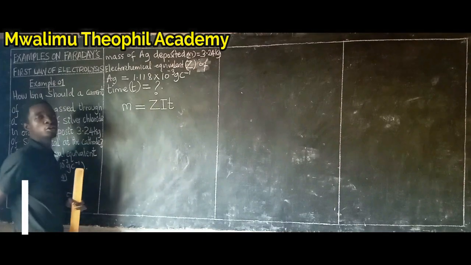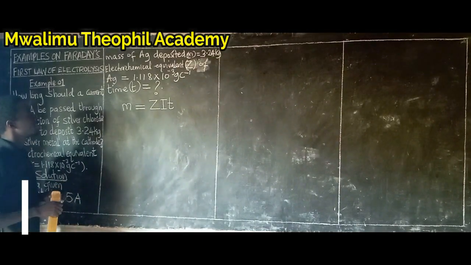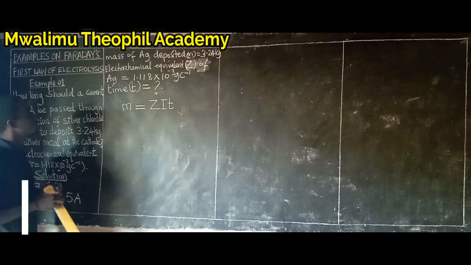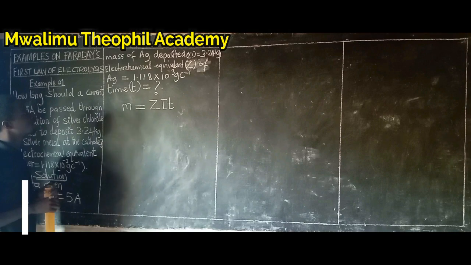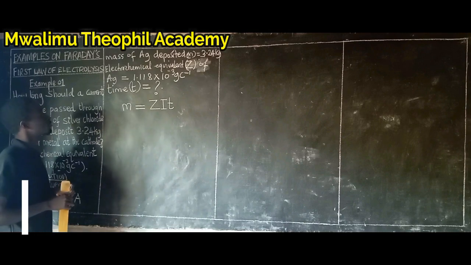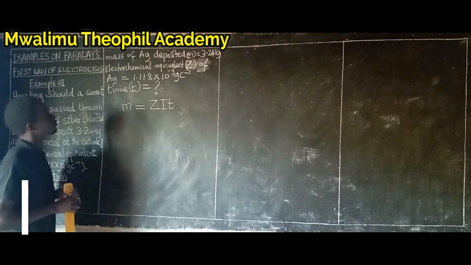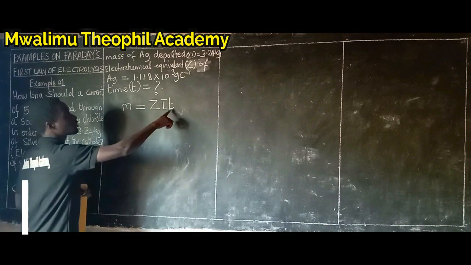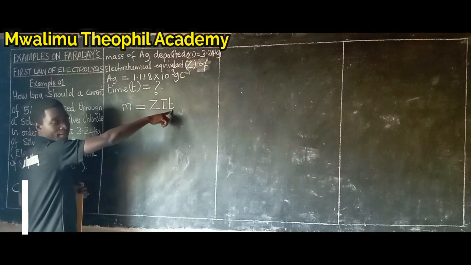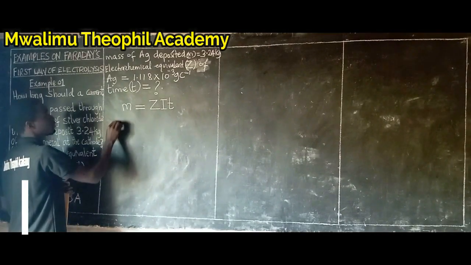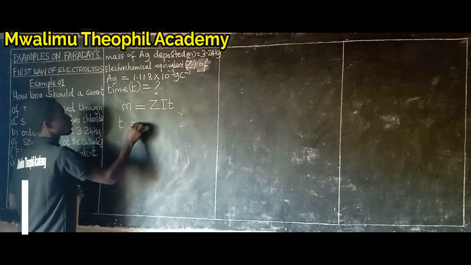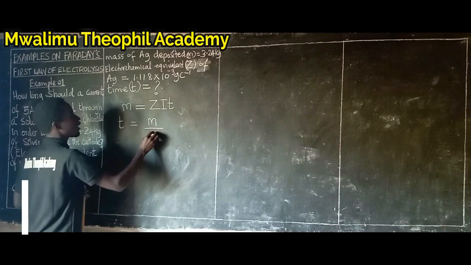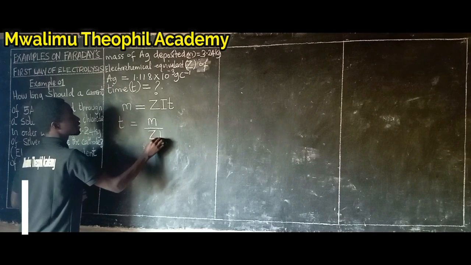This is according to Faraday's first law, that the mass liberated at or dissolved from the electrode is proportional to the quantity of electric current passing through the particular electrolyte. Now, here what we are looking for is the time. To get time from this equation, time will be equal to mass over electrochemical equivalent times current.